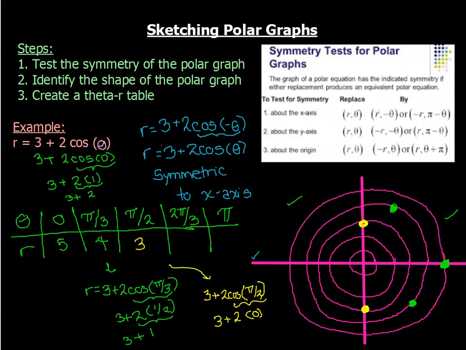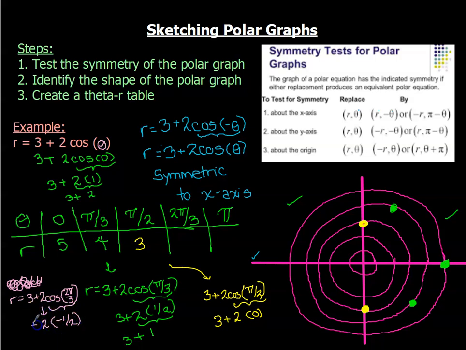And then 2 pi over 3. So r equals 3 plus 2 times cosine of 2 pi over 3. The cosine of 2 pi over 3 is negative 1/2.